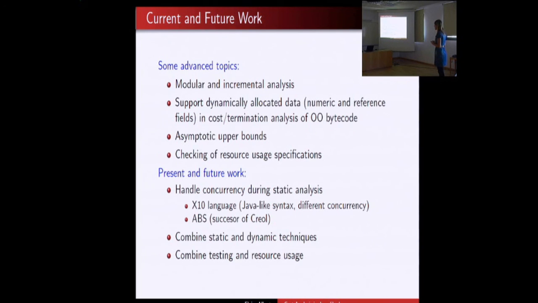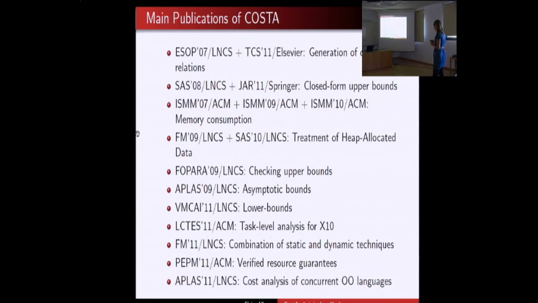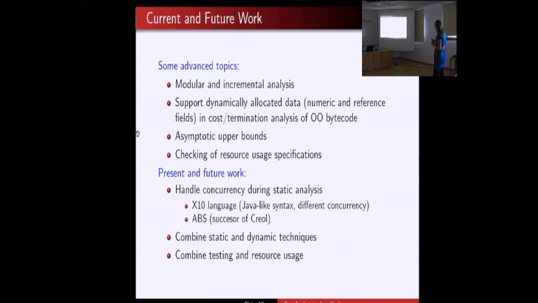In the present and future, we are going towards concurrency, so we are making our first attempts at introducing concurrency in static analysis. First, we started with this language, Extend, which is quite interesting. It has a Java-like syntax, but the concurrency model is completely different, and it's actually much simpler than the threads and the locks that are used in Java.